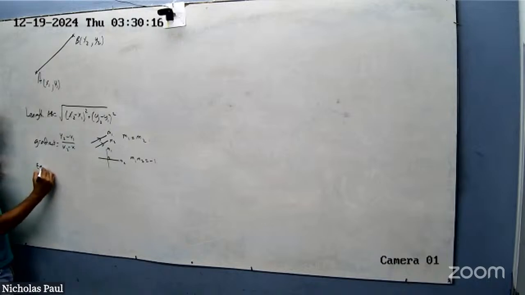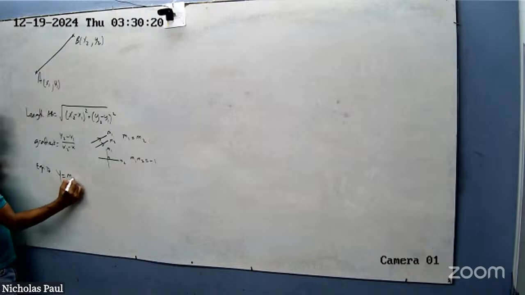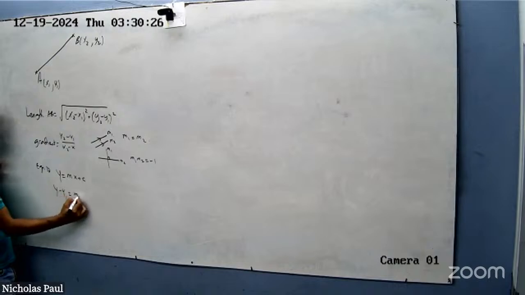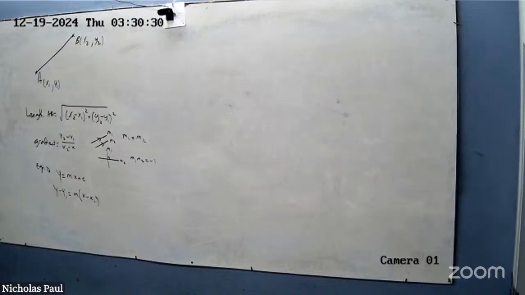Remember, the equation of a line is always of the form y equals mx plus c. You can also use this version: y minus y1 equals m times (x minus x1). That's our next version for getting the equation of a line.